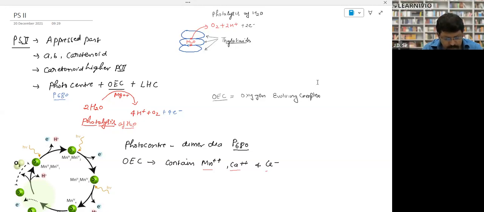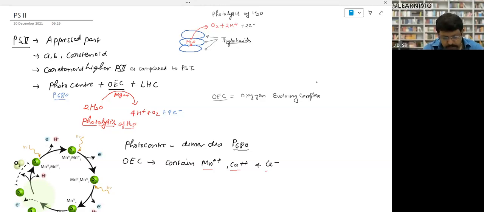Next point. Carotenoid content is higher in PS2 as compared to PS1.